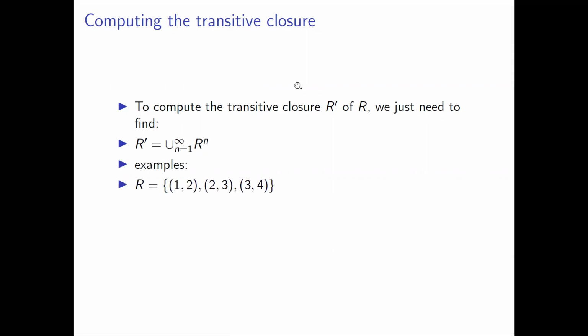So here, we'll start with a small r, and we'll calculate its transitive closure. So that's r, that's r to the 1. Let's find r squared.